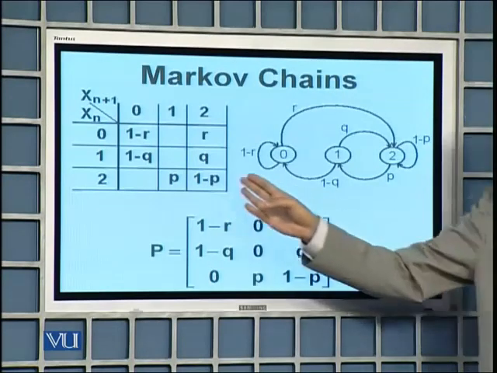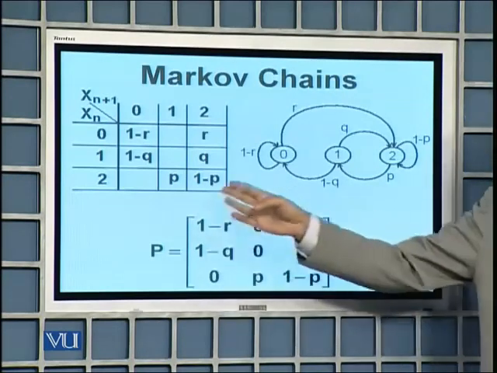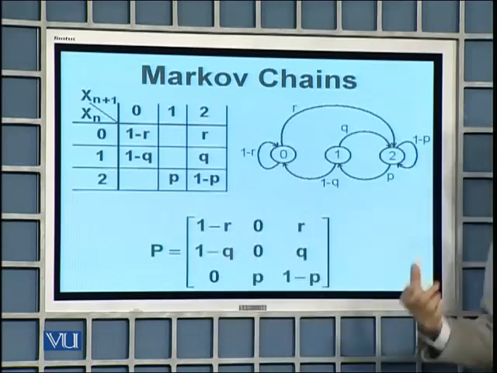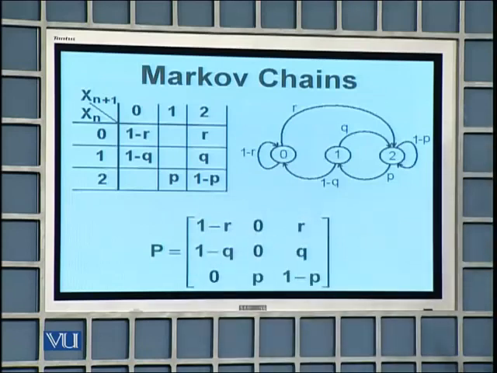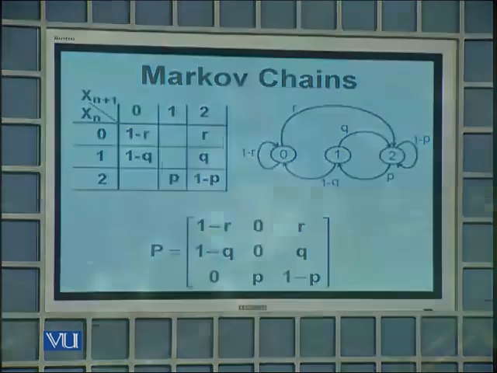We can use this matrix P and the probability distribution vectors to find the probability distribution vectors of other random variables at other sampling instances.